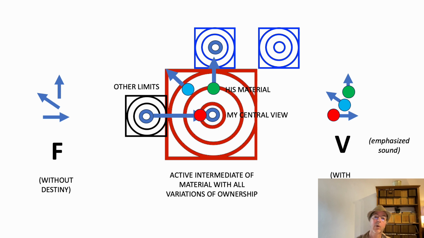But here, all three directions have a clear destiny. The F and the V are the same sounds, but here the sound is emphasized, it's stronger, and it connects. That's the difference between these two sounds, and that's why they fit the region. It's about material going in all kinds of directions, but with the V, we find the direction. We know where it goes to.